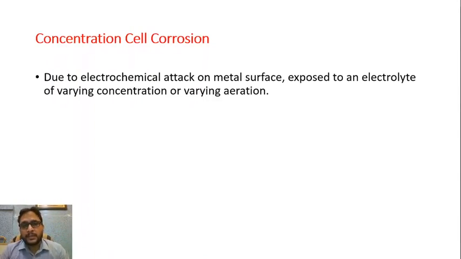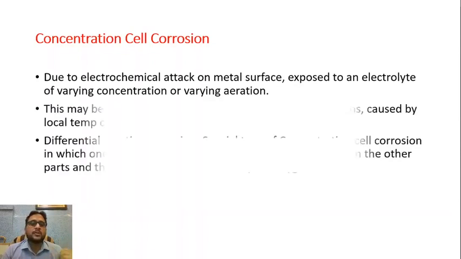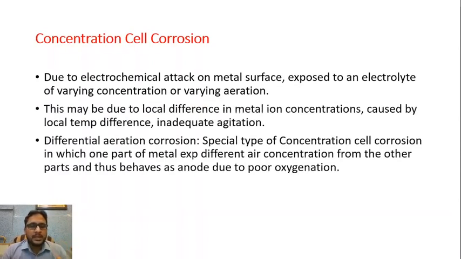This happens when it is dipped or immersed in a solution where the concentration of electrolyte is not uniform, or where the concentration of oxygen is not uniform. This may cause local differences in metal ion concentration. Because of that, there are local differences, and a differential current is generated in such a system.